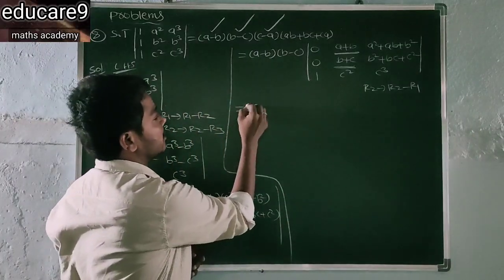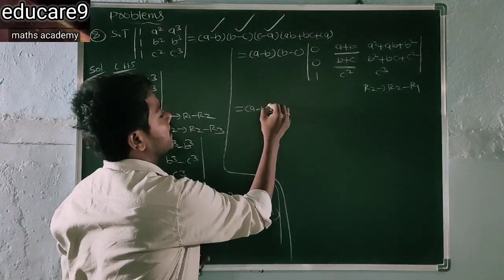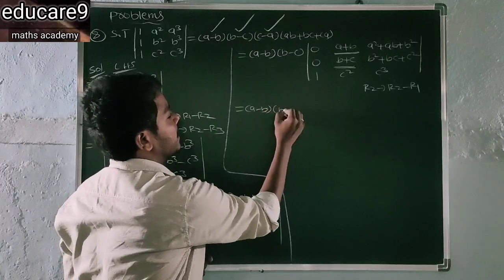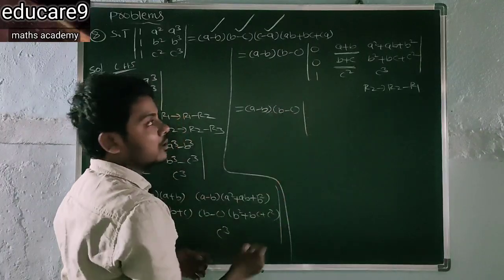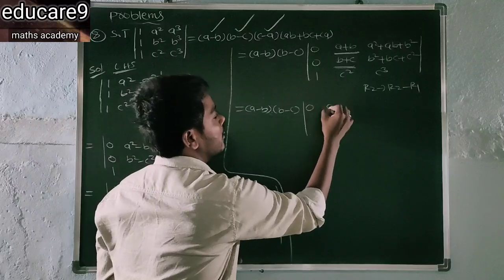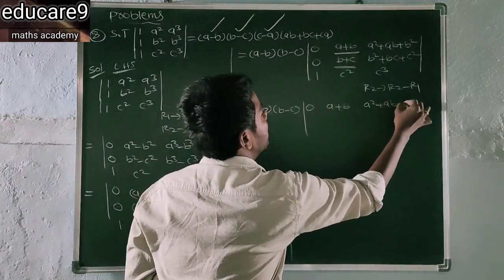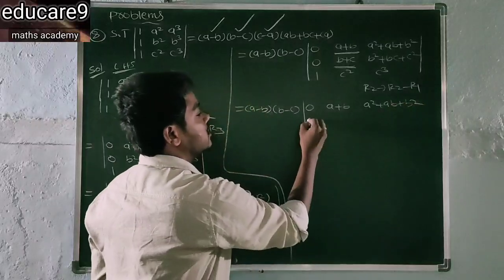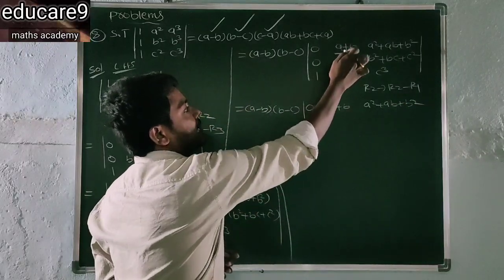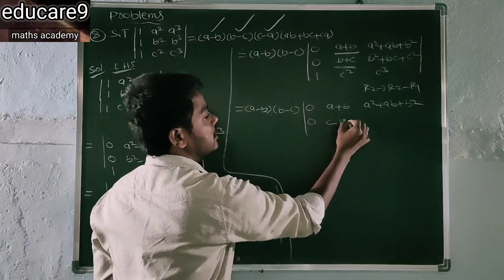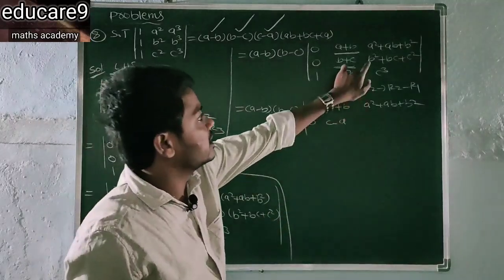So that is what? A minus B, B minus C into 0, A plus B, A square plus AB plus B square. Next 0. Here B, B get cancelled. You will get C minus A. So next one, this one minus this.